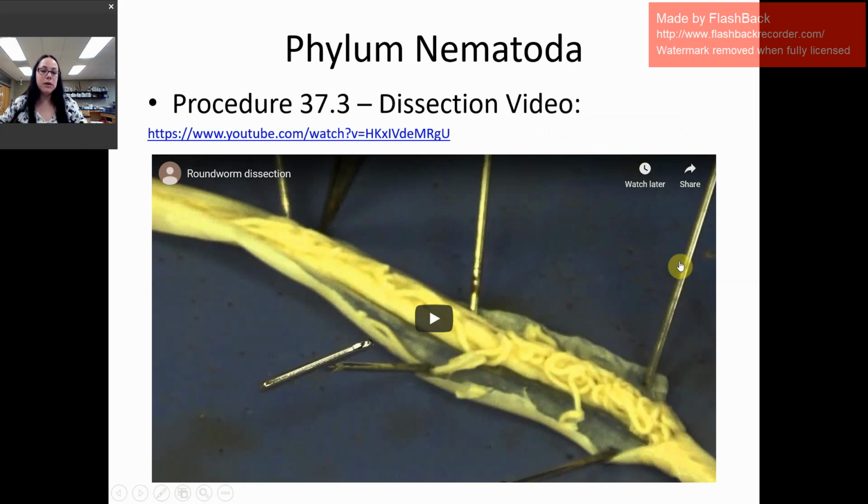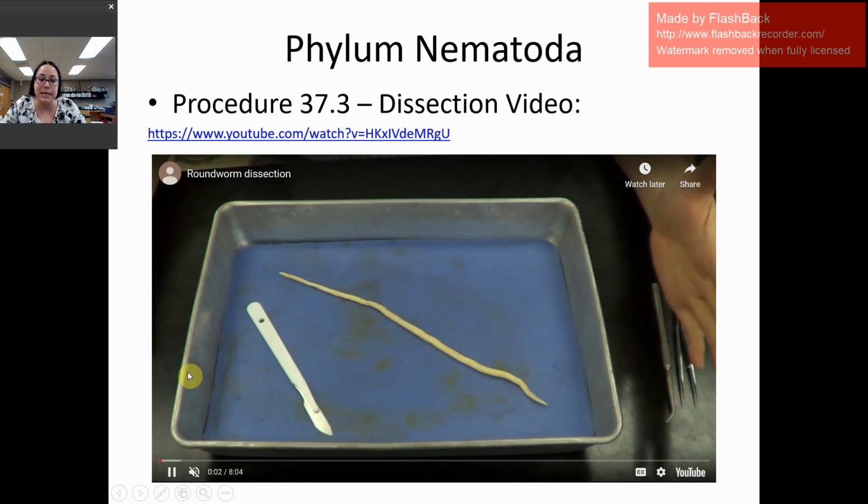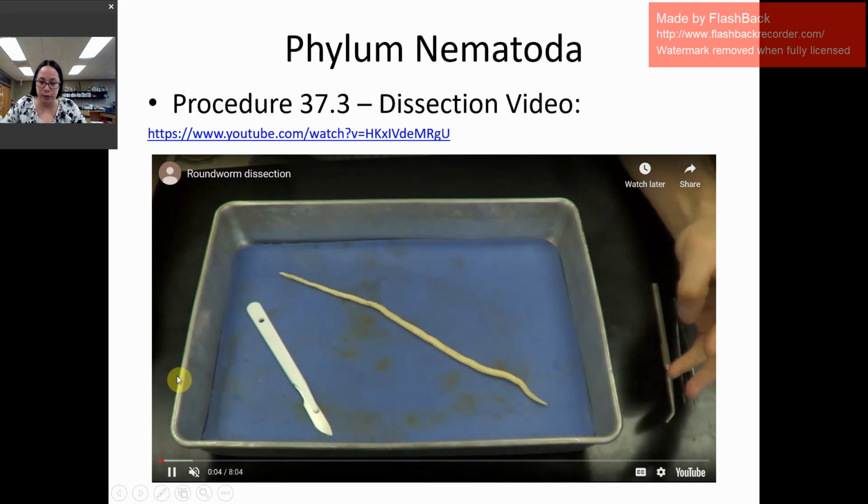Next, normally you're supposed to learn how to do the dissection of those worms. It's pretty simple. I'm going to play the video and mute it so I can describe it. This is a female roundworm.